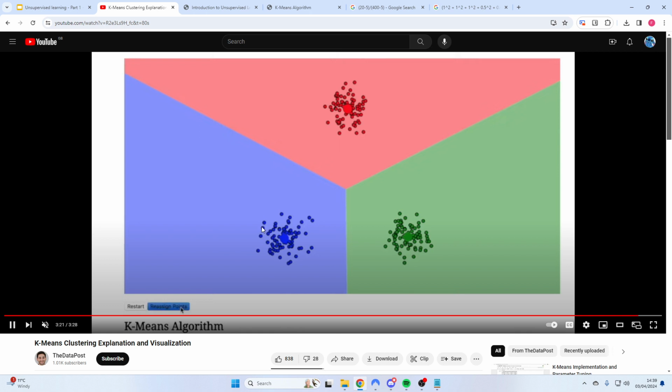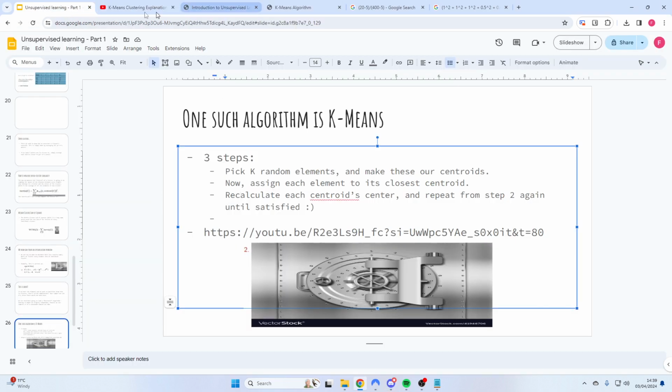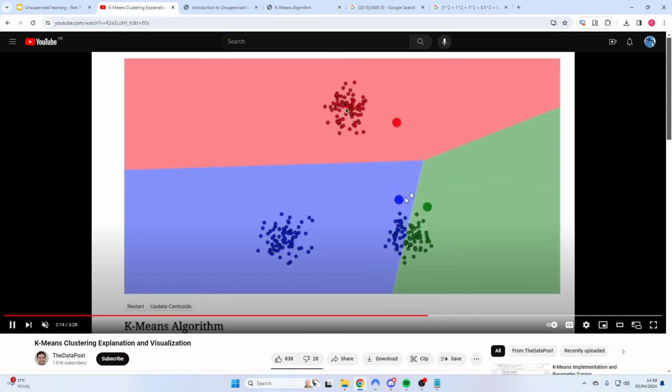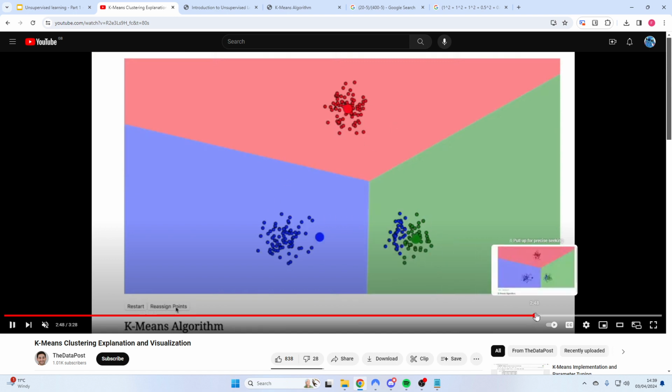So we've finished everything. He's clicking the update centroids, but it's not changing any element's closest centroid, so it's not updating the centroids' locations. All of the centroids are now staying in their same position. I think that demonstrates quite nicely how it slowly moves to the centers of the clusters.